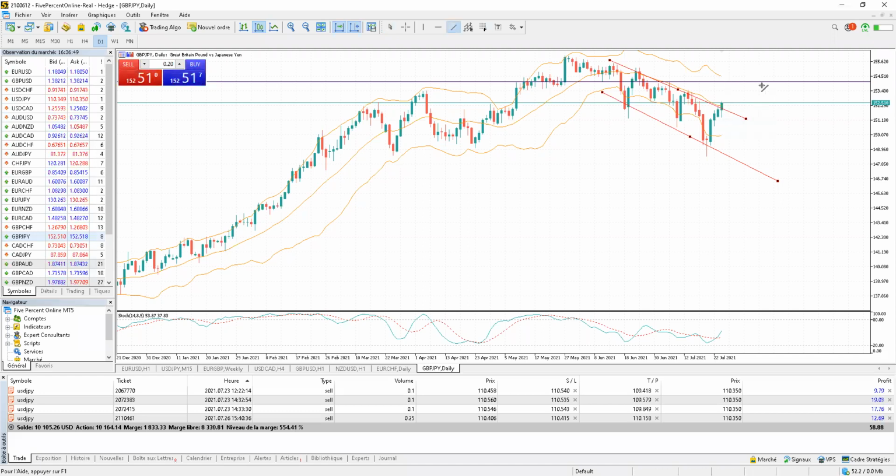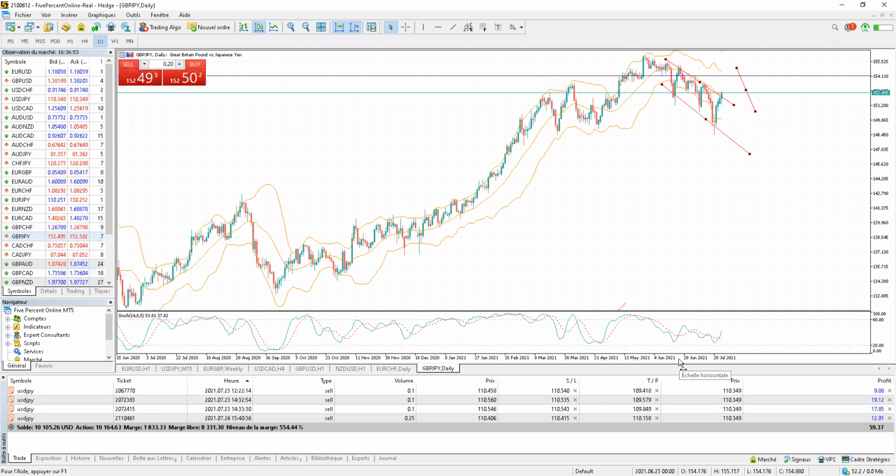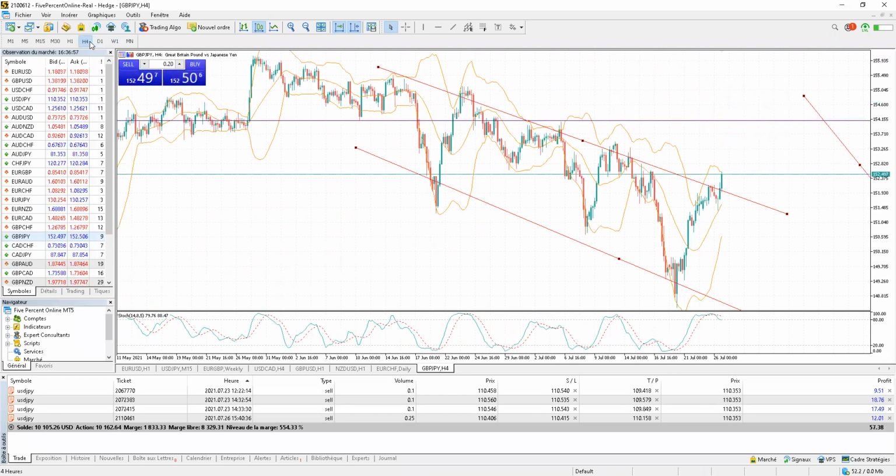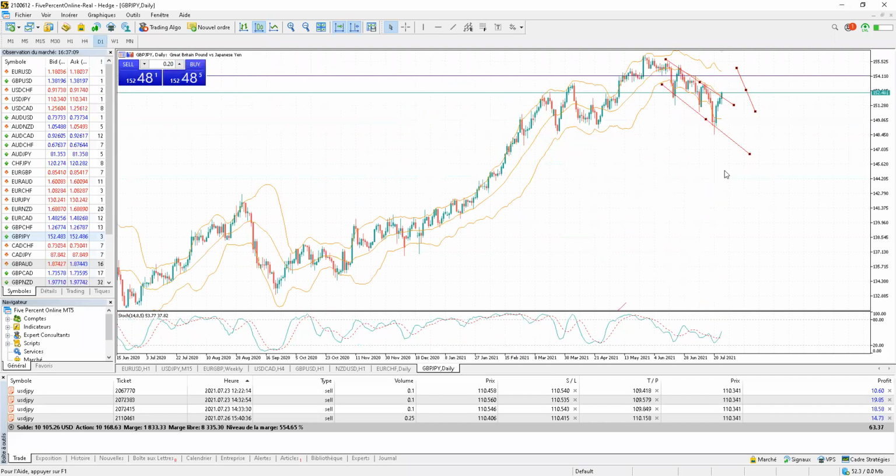But still, I think we should short this market. Okay. And then we are already kind of on the supply here, but it already moved higher than that. We have to wait for some kind of confirmation on that one.